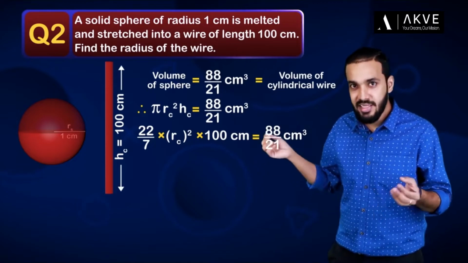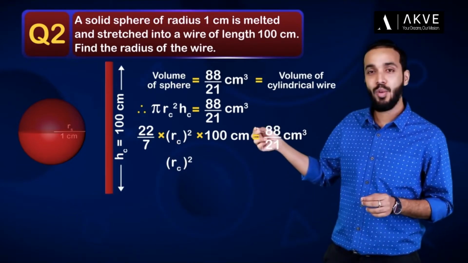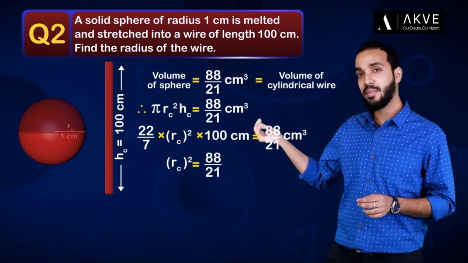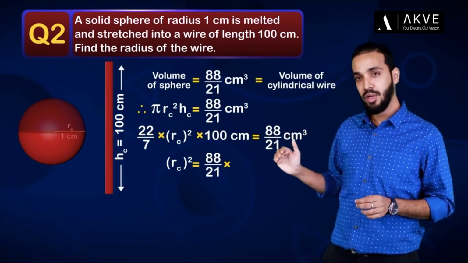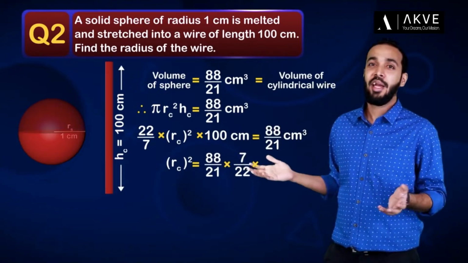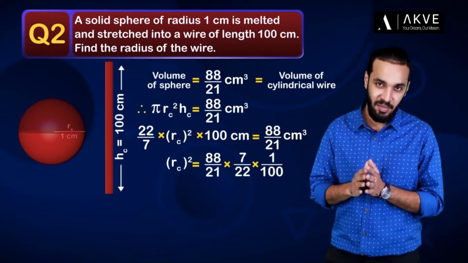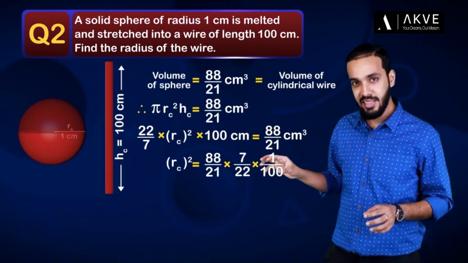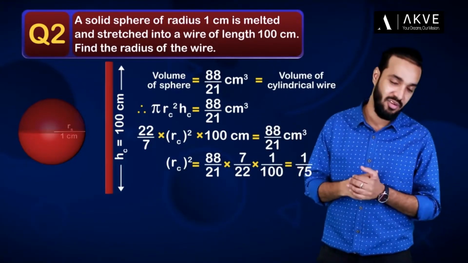On simplifying this, we get rc squared is equal to 88 by 21 into 7 by 22 into 1 by 100, which is the same as 1 by 75.